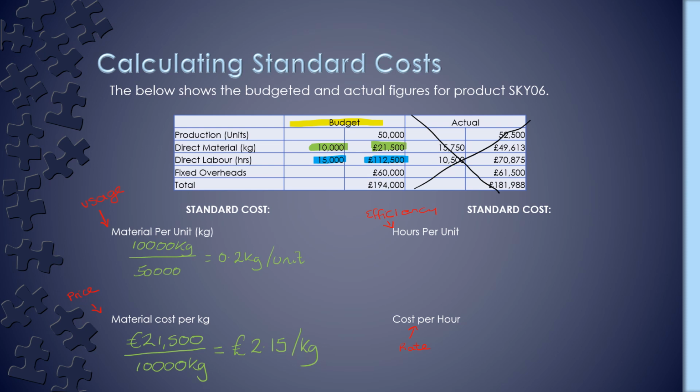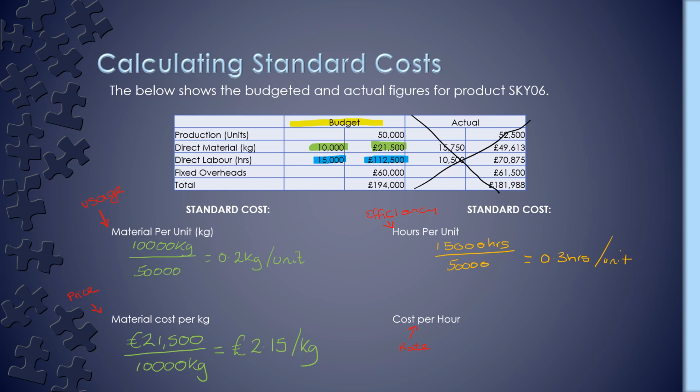So for our hours per unit, we worked 15,000 hours, and we're going to divide that by the total number of units that we made in that time, which was 50,000, and that gives us a 0.3 hours per unit standard.